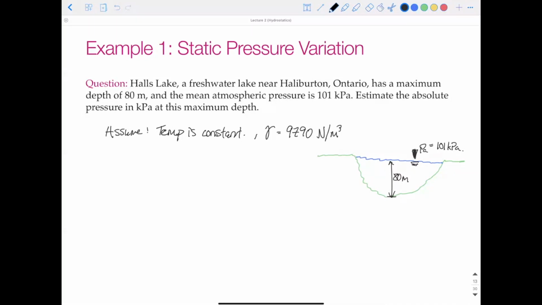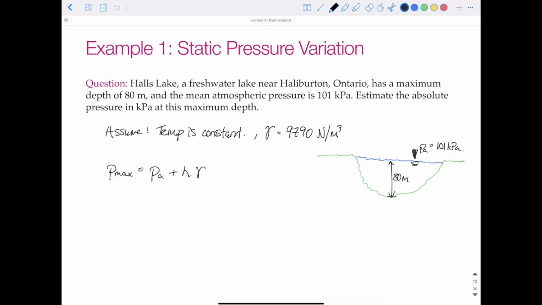So what we can do is write the pressure at the bottom. The max pressure is going to be equal to the atmospheric pressure plus h times gamma. In this case, now we're going downwards.